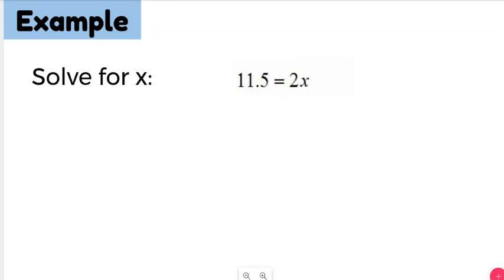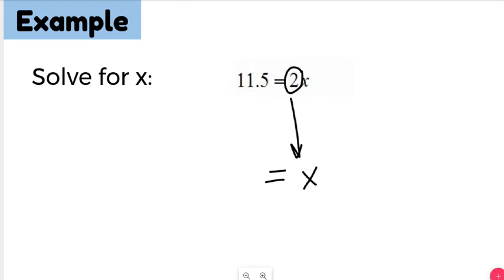Remember, our goal is to get the variable isolated or by itself, which means my goal is to have just x. I need to get rid of this 2. Now remember, when we get rid of these numbers, if it's a coefficient, I need that to become 1. Because if that 2 can become a 1, 1x is just x.